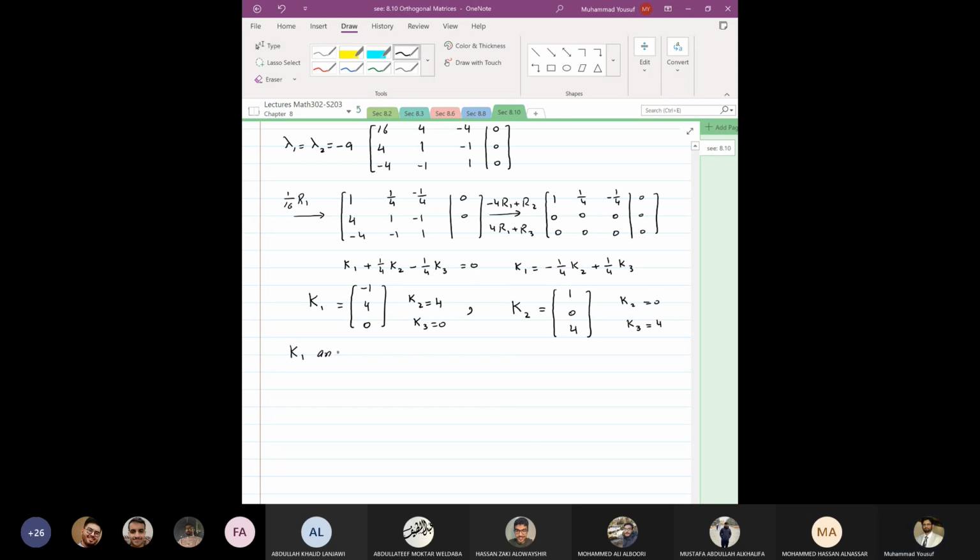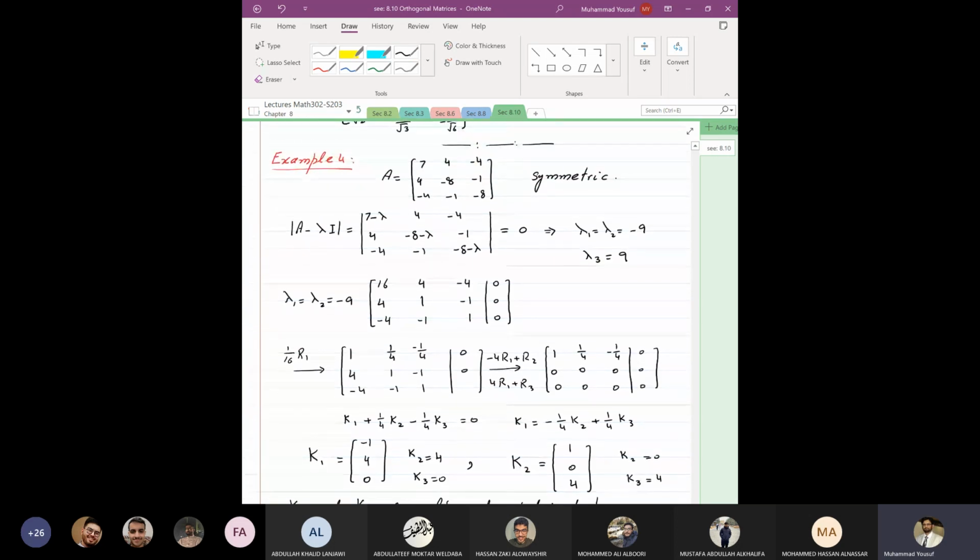K1 and K2 are linearly independent. The question can be: find all linearly independent eigenvectors for this matrix.